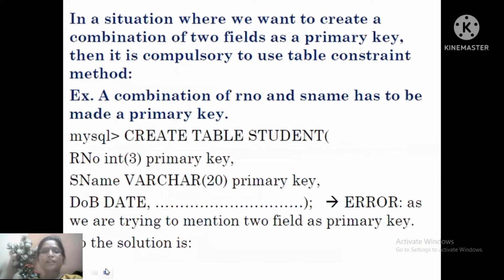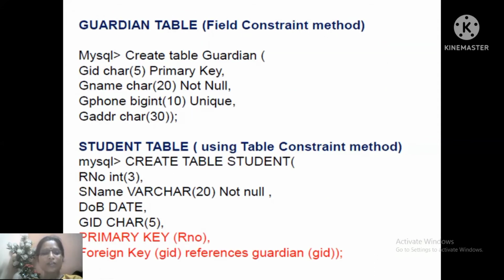If you want to apply a constraint on an individual column, you just write your constraint name, that's it. But where we want to apply a constraint on more than one column, suppose unique on two columns, then instead of writing it again and again, I can write it together.